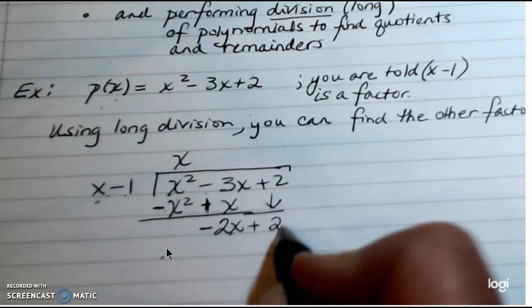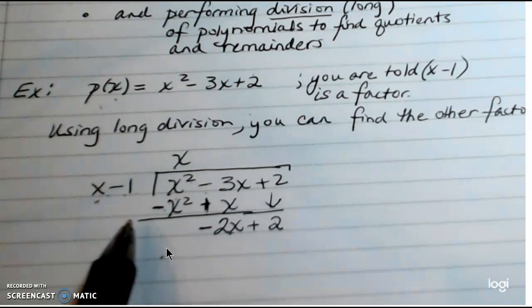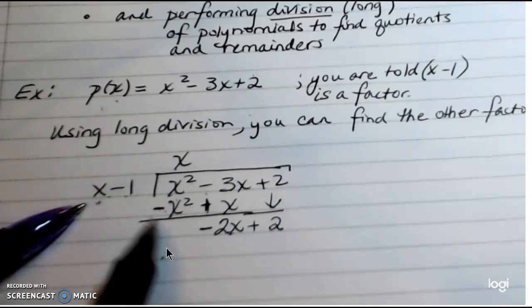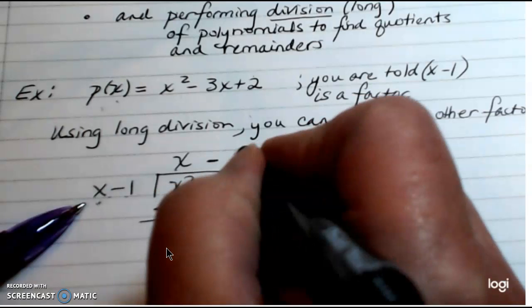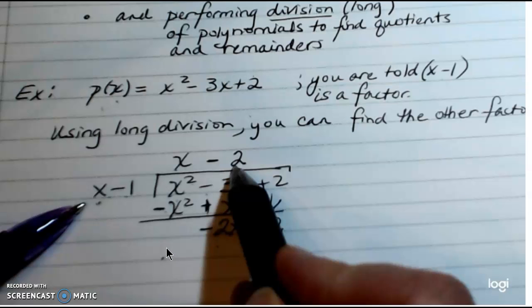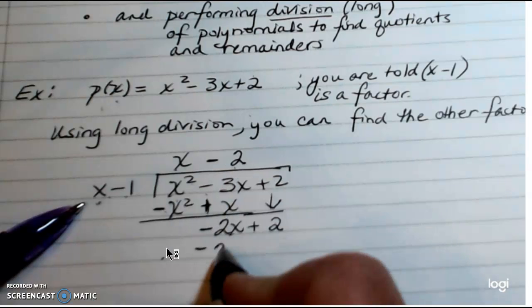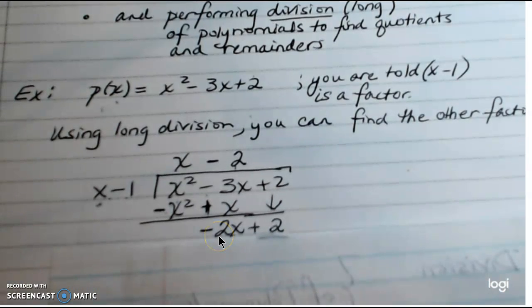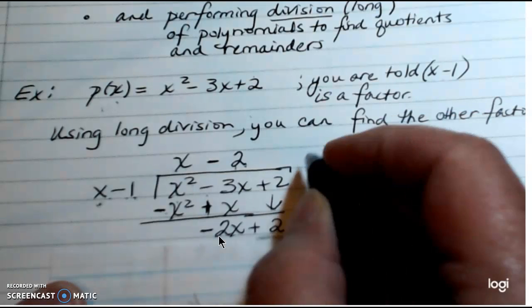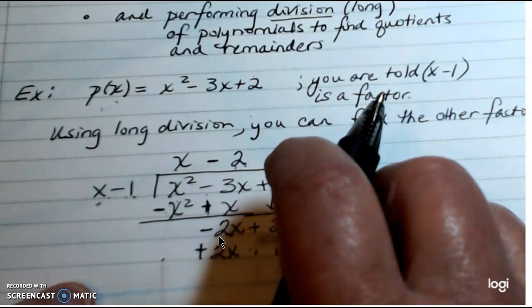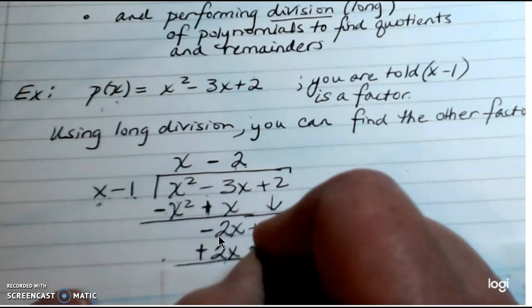And you'll ask yourself that question again: how many times does x go into negative 2x? Well, that's a negative 2. Negative 2 times x generates negative 2x, and negative 2 times negative 1 generates a positive 2.